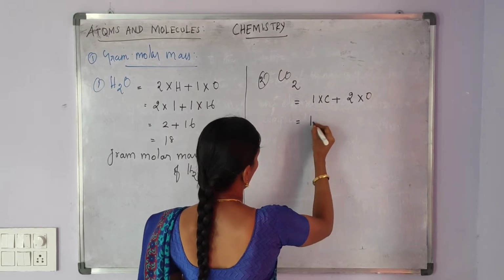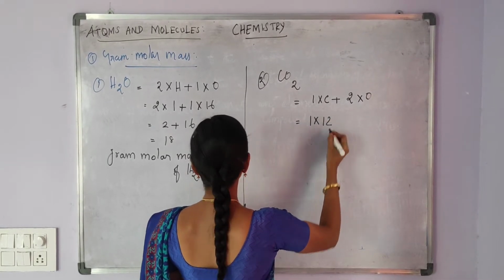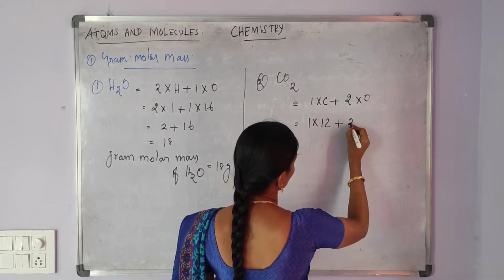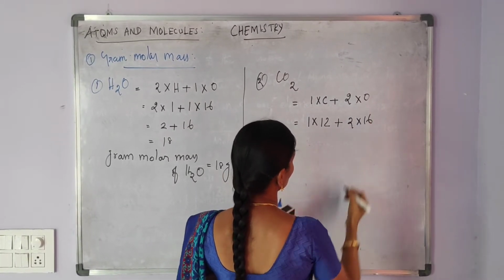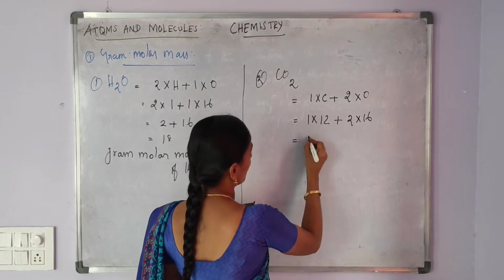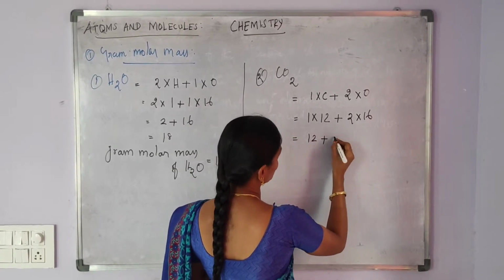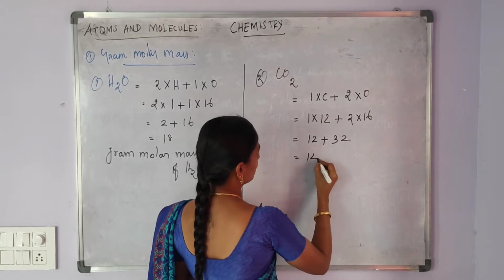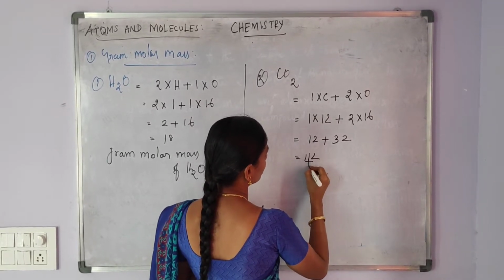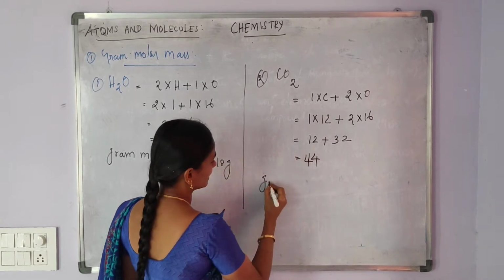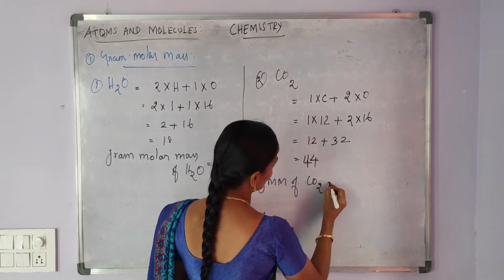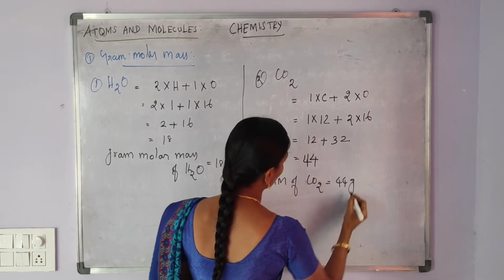So 1 into atomic mass of carbon 12, and atomic mass of oxygen is 16, so 2 into 16. 1 into 12 is equal to 12. 2 into 16 is equal to 32. So 12 plus 32 is equal to 44. So the gram molar mass of the carbon dioxide is equal to 44 gram.